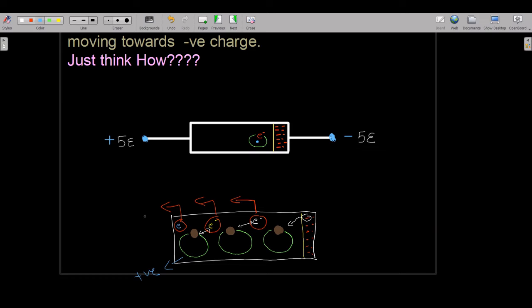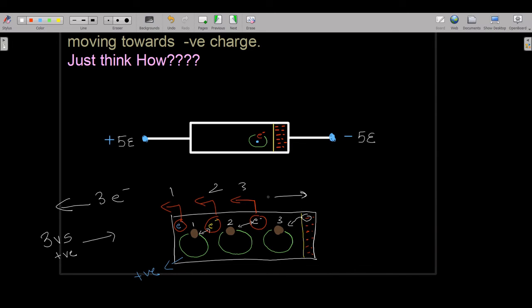That means, what I mean to say is, if these 3 electrons, 1, 2 and 3, are moving in this direction, at the same time what we can see through the microscope is that these three vacant spaces, which I will consider as positive charges, are also moving towards this side. That means over here.